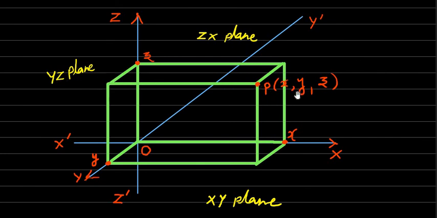Similarly, the y coordinate of point P is the perpendicular distance of point P from the ZX plane. And similarly, the z coordinate of the point P is the perpendicular distance of point P from the XY plane.